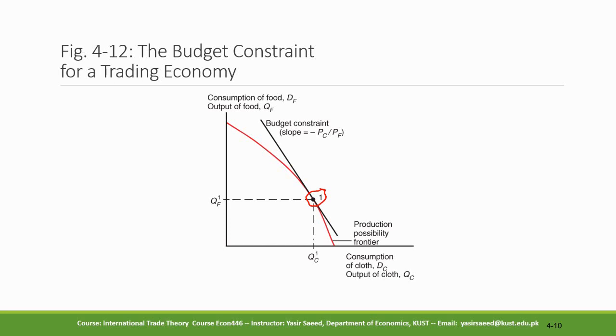We can consume at, let's say, point 2. So we are able to consume at point 2. We are also able to consume at point 3. Where we should consume again depends on our indifference curve. Wherever our indifference curve as a nation is higher, we can consume at that point.